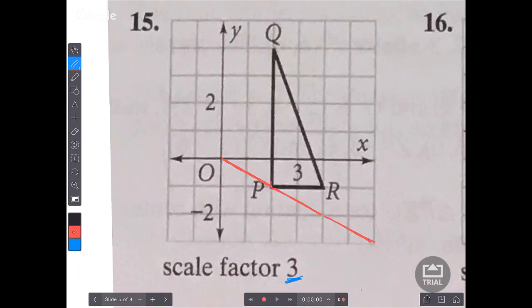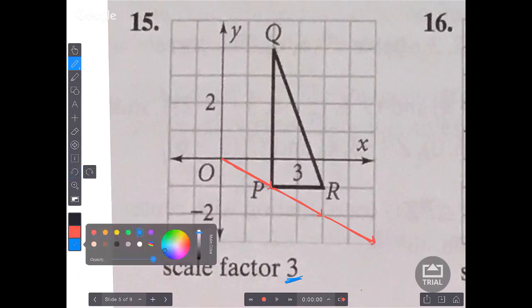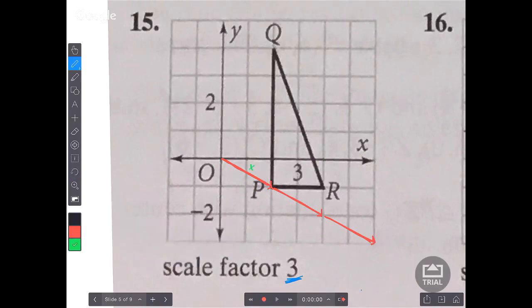Here it is once, twice, 3 times. So this is some length x, and this whole distance is 3x. All I did was make this point P prime 3 times as far away as it was. So this is my new point P prime.